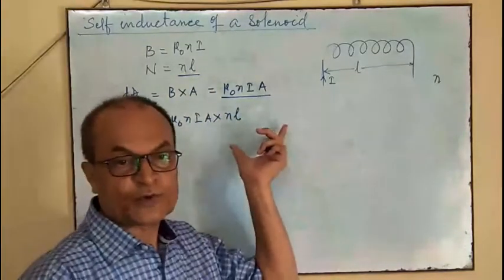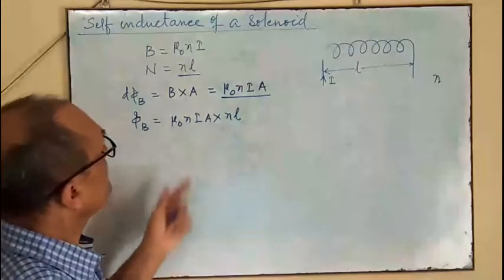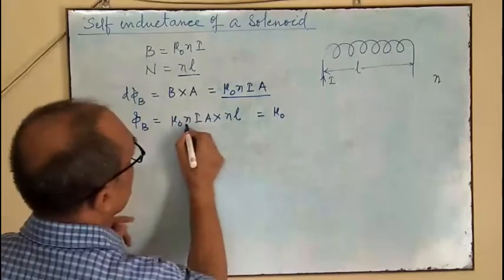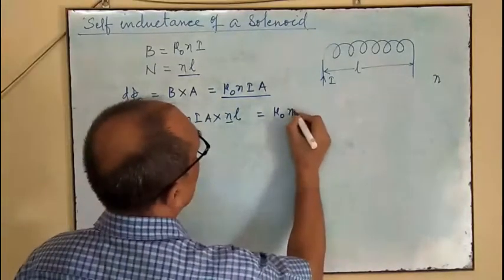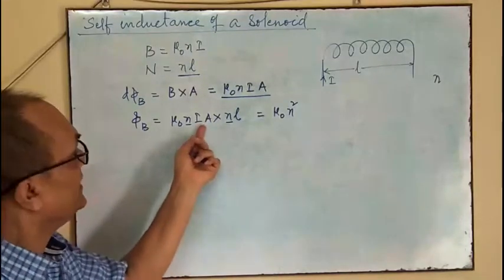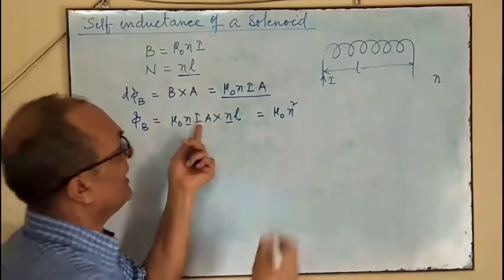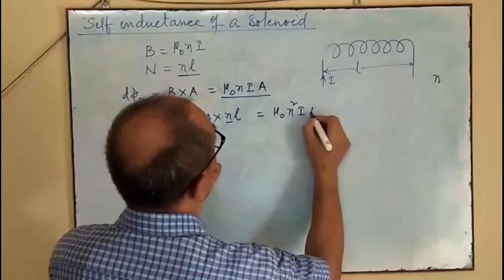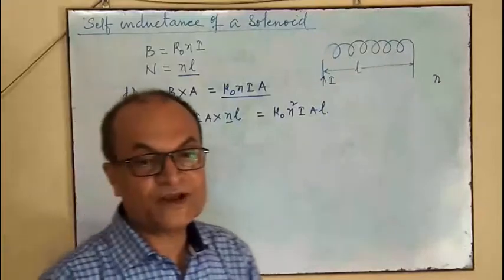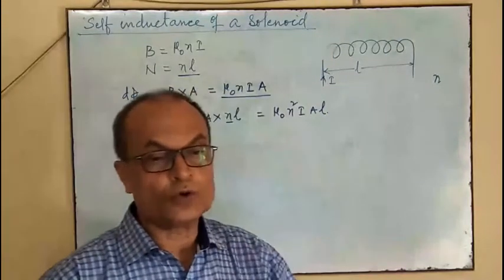I think there is no problem here. Then we can write mu naught n square i A L. This is the magnetic flux linked with the whole solenoid.